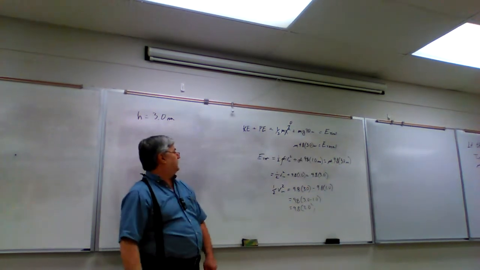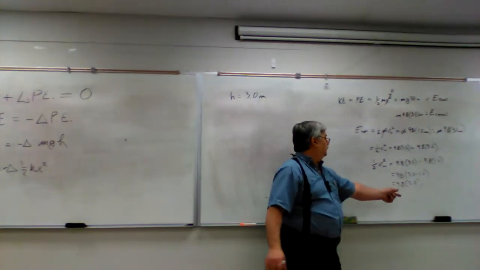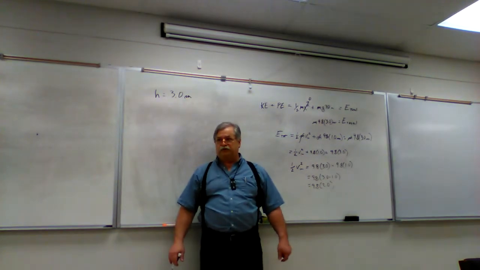So 1/2 its velocity at 1 meter squared will be equal to 2 times 9.8 meters per second squared.